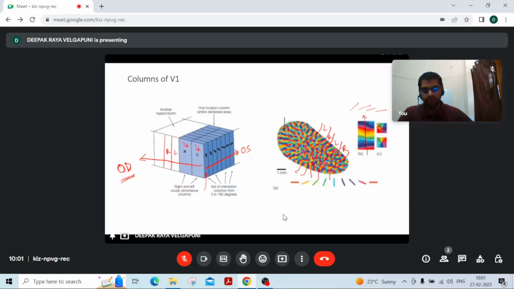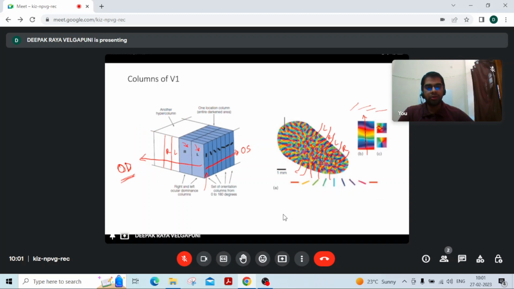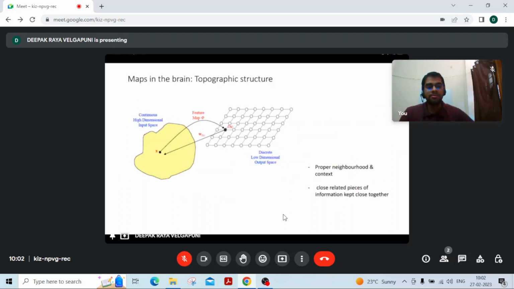This is about V1, and these maps you see here we only discussed for visual senses, but it is present for different kinds of senses. You have retinotopic maps for auditory cortex, for somatosensory cortex, for your touch senses, etc. These maps are very important in the brain because you have to maintain the topological structure of the real world.